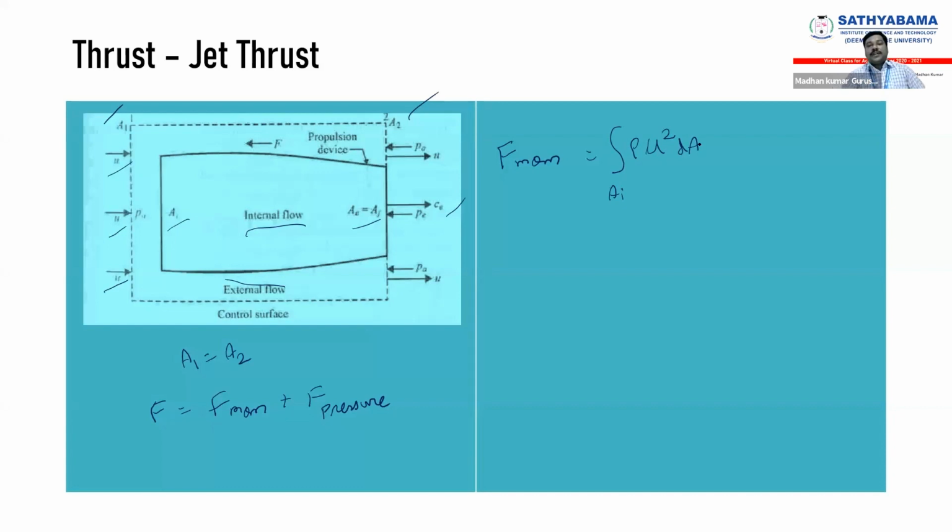I have just represented this inlet area alone. In the inlet area in integral form, I am going to write the momentum equation, based on the three-dimensional momentum equation in integral form that we had already written.